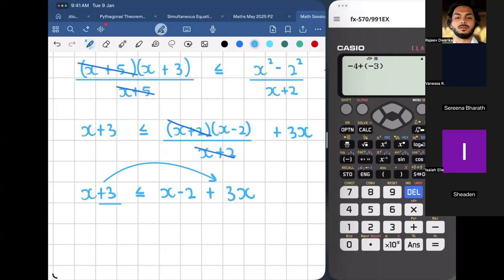Let's look at the right hand side now. What shouldn't be on your right hand side? 3x. Yeah, what are you doing there? And what shouldn't be on the right hand side again?